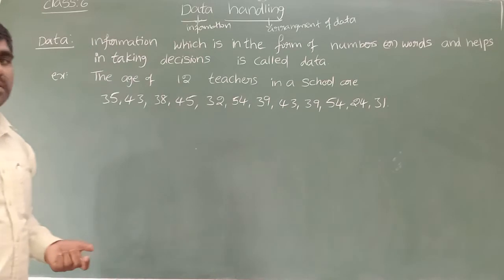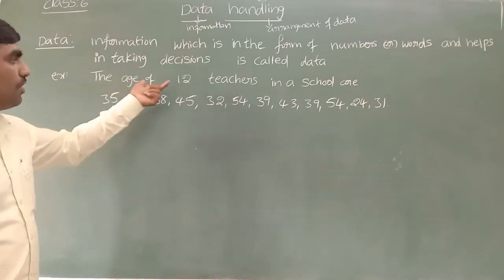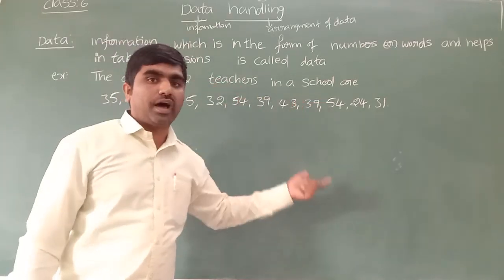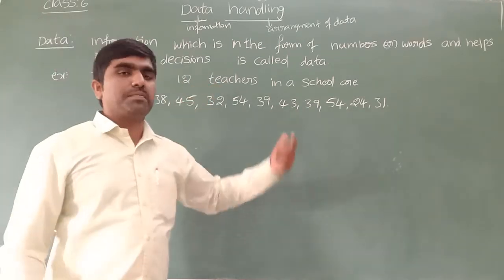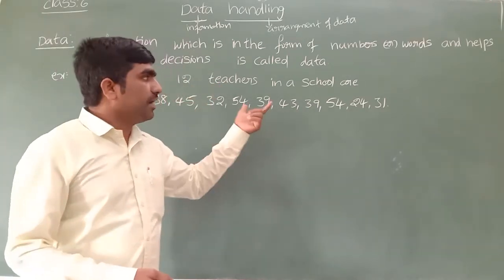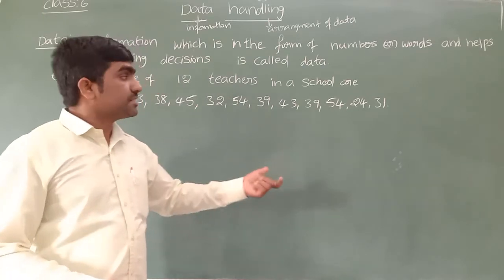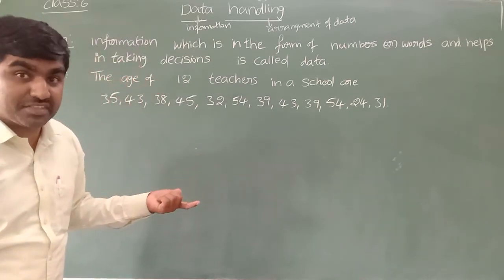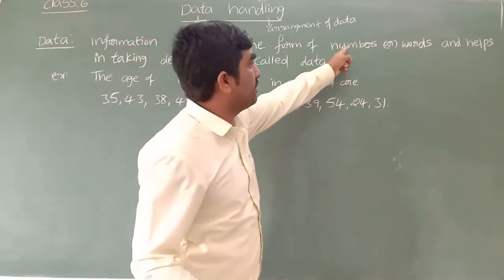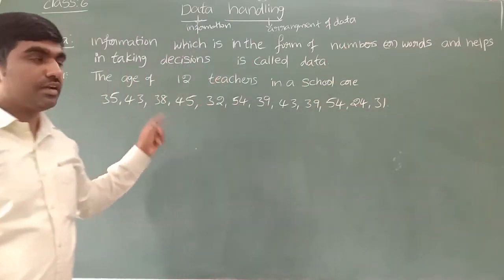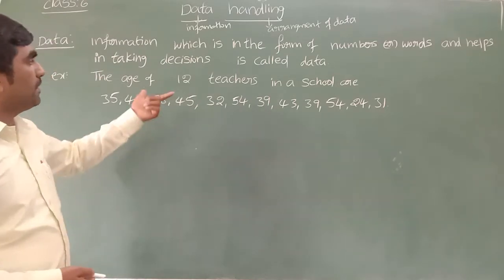Here you can see one example. The ages of 12 teachers in a particular school are given. It is some information, data. Sir, how is it information? Yes, this is information in terms of numbers. In what way will it help us?